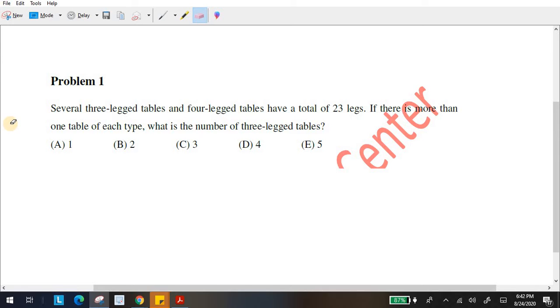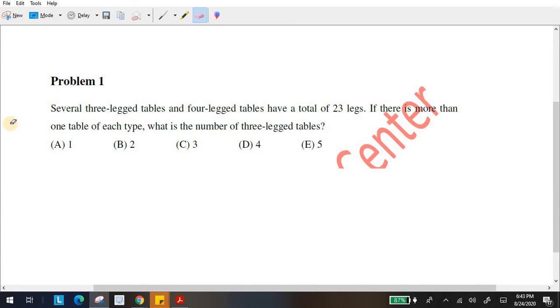We only have one equation and 2 variables, so what can we do with this? We know that there's at least one table of each type. So 3x plus 4y, we can turn that into 16, because we just remove 7 from that. 8, 11, 15 doesn't work.